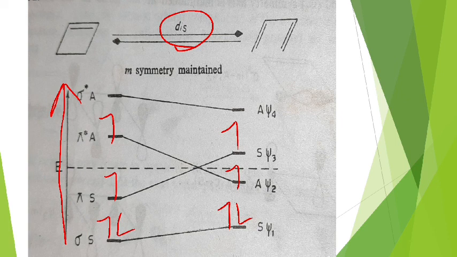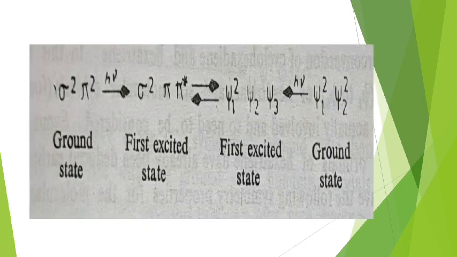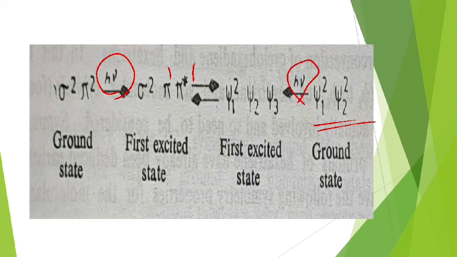So, this is the electronic configuration of first excited state. So, the ground state electron configuration sigma 2 pi 2 changes to sigma 2 pi 1 pi star 1 in presence of light, and the ground state electron configuration of butadiene psi1 2 psi2 2 is excited to first excited state in presence of light, that is psi1 2 psi2 1 psi3 1.